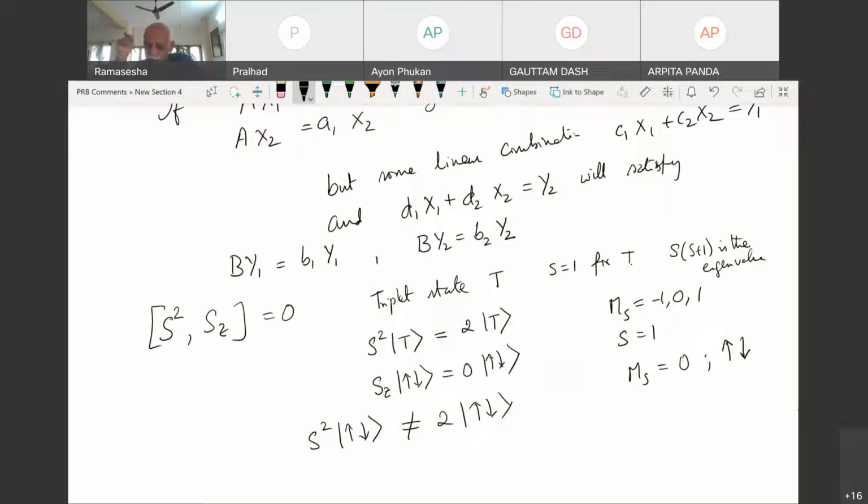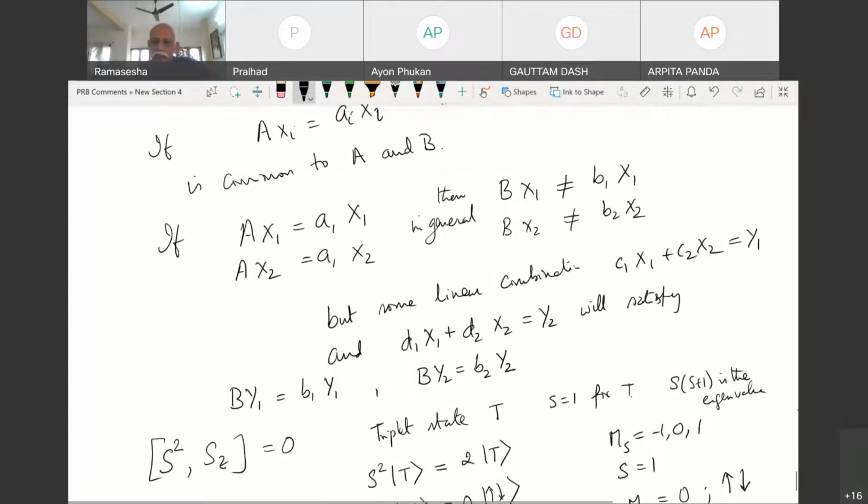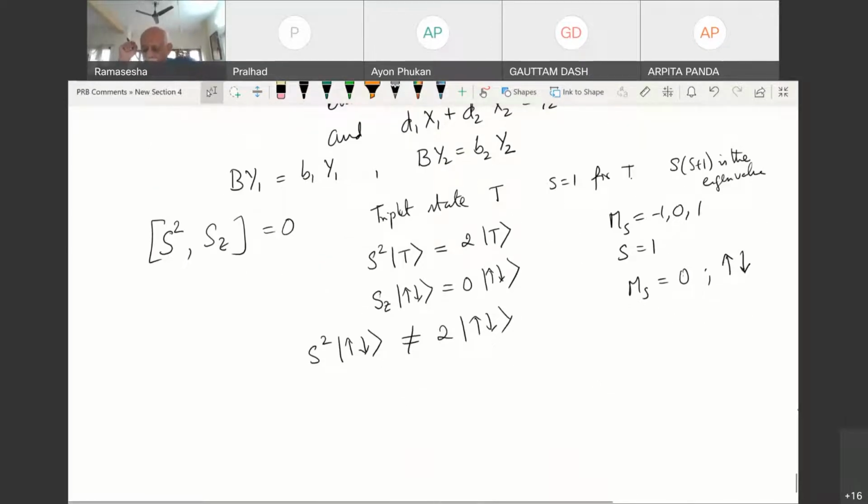So in general, it is not true that just because two operators commute and they are Hermitian, they have the same eigenstates. You have to take trouble to construct the same eigenstates by taking appropriate linear combinations of the eigenstates of one of them. So I have to take the appropriate linear combination of Sz, for example.